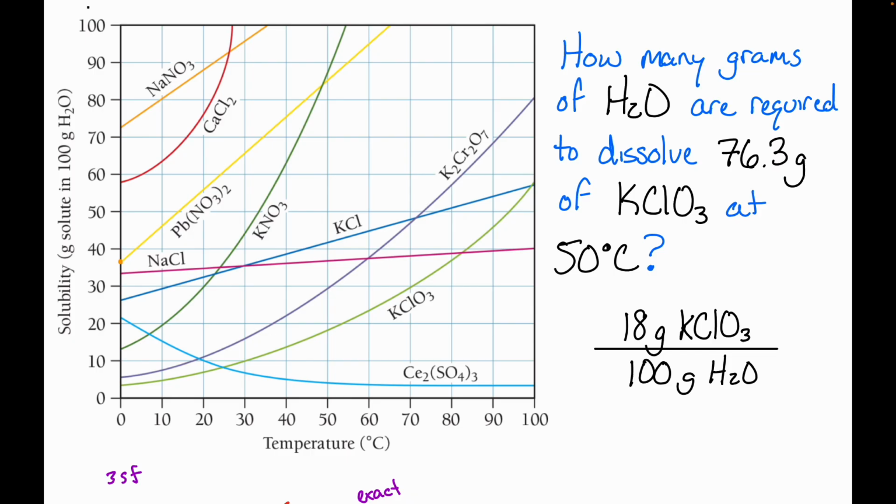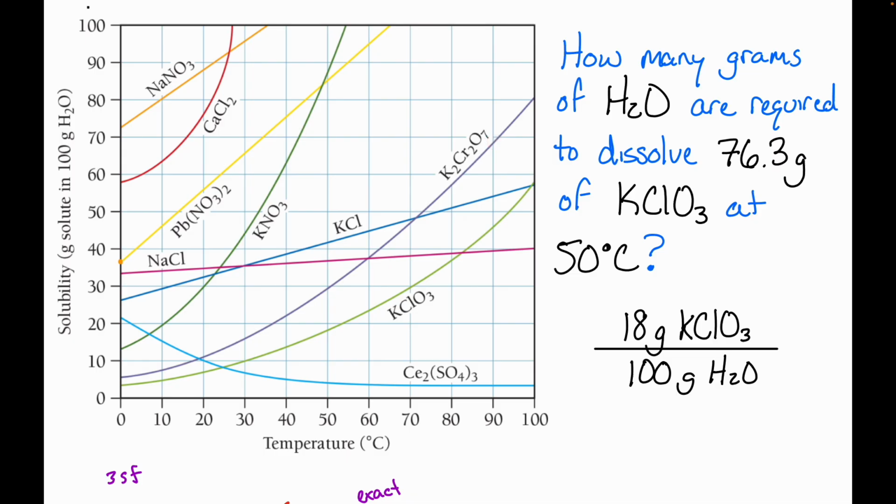So let's say that I was using potassium dichromate here. I'm going to crank up the temperature so that I can dissolve my solid in there. It's got this high solubility. What's going to happen when I cool it back down? What happens to the solubility? It decreases. And remember, the solubility is the maximum amount of solid that I can get to dissolve.